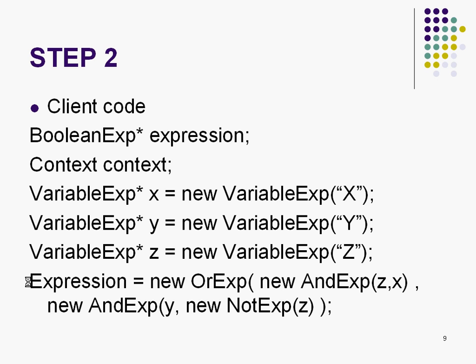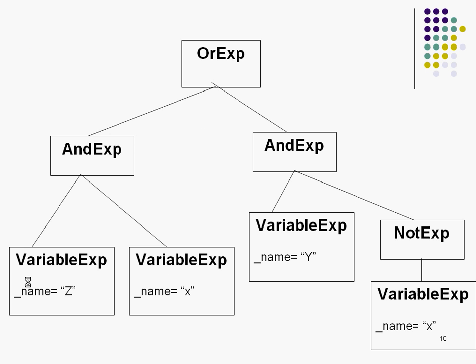Now, when this expression gets evaluated, assuming the parameters are evaluated from left to right, or if it is right to left, then let's take it this way. The next thing to be executed would be a NOT exp object. The NOT exp object is created over here, and it takes a pointer to variable exp, which is a Boolean expression star exp, so that is made to point to this variable exp. So this part of the tree is completed.